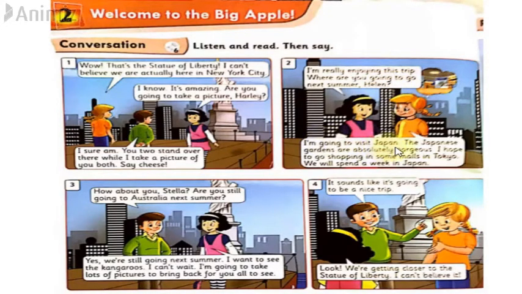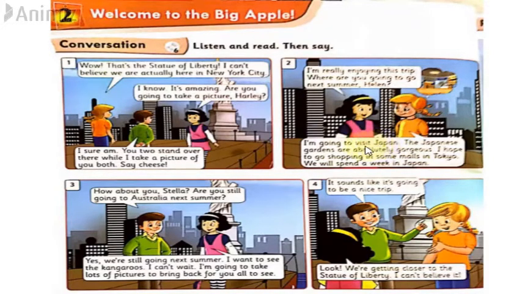I'm going to visit Japan. The Japanese gardens are absolutely gorgeous. I hope to go shopping in some malls in Tokyo. We will spend a week in Japan. So I'm is short for I am. She says, I'm going to visit Japan. Now you see that the first letter of the word Japan is capital.